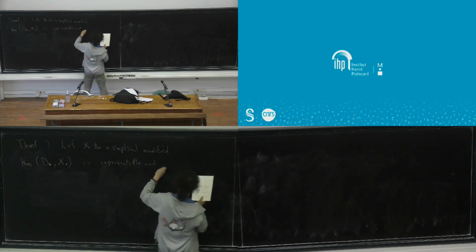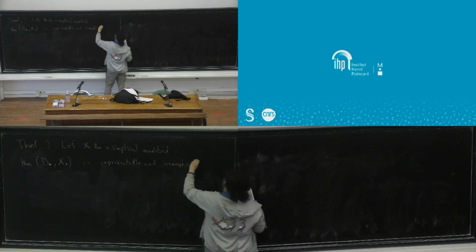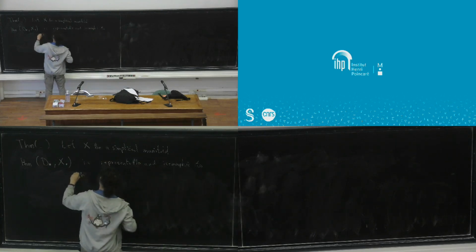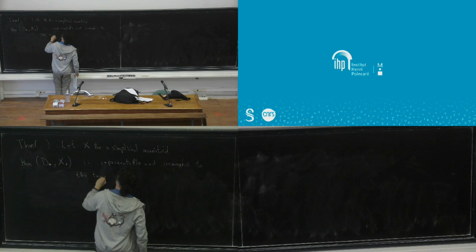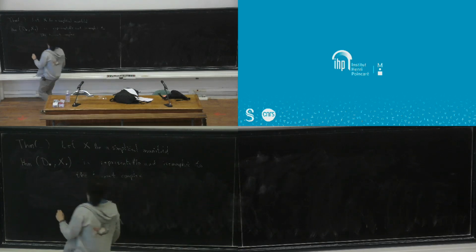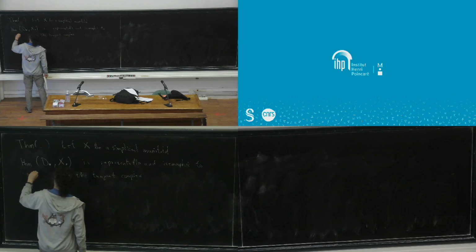And isomorphic to the tangent complex. This functor on graded manifolds? Yes. Is representable, so it's going from graded manifolds to set.